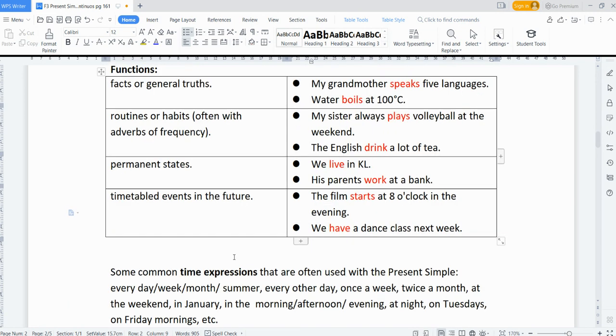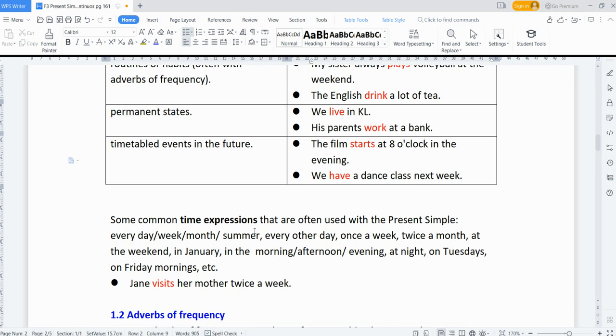Okay, some common time expressions that are often used with the present simple. Okay, time expressions ni maksudnya frasa-frasa yang berkaitan dengan masa lah.